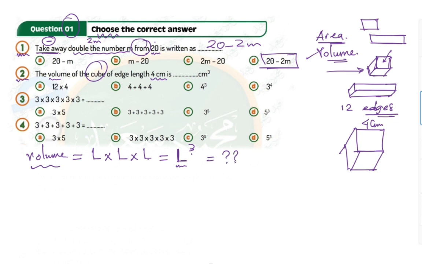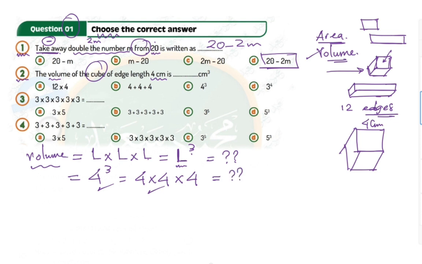Now the edge length is 4 centimeter. So the volume will be 4 to the power 3, that means 4 by 4 by 4. Then you can calculate it.